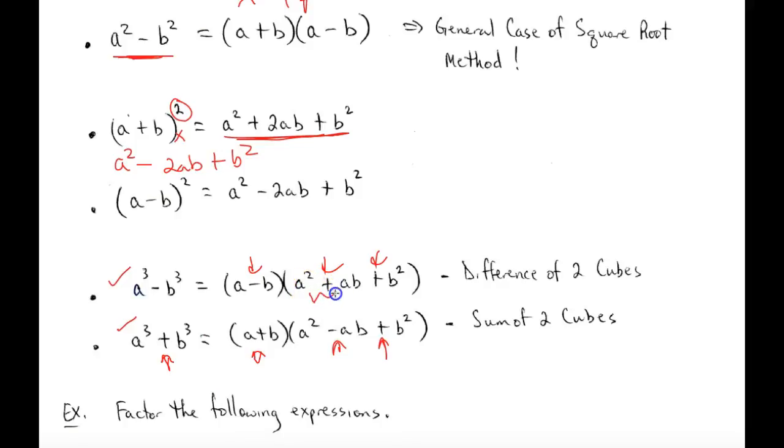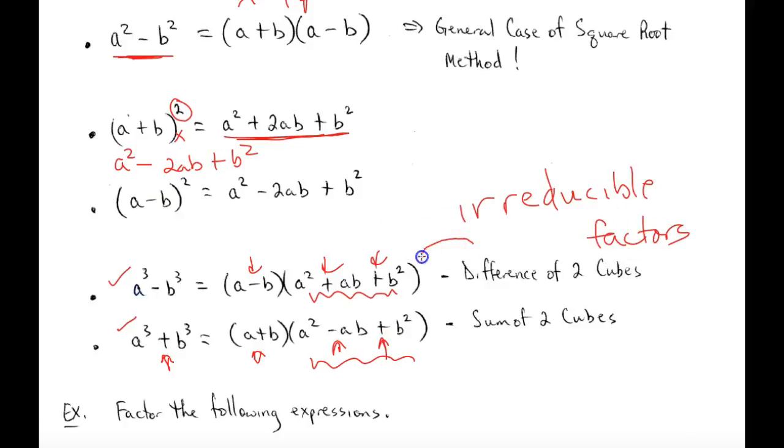And note that this factor here, the a squared plus ab plus b squared, or the a squared minus ab plus b squared, those factors cannot be broken down anymore. So they're irreducible factors. Okay, that's what that is.